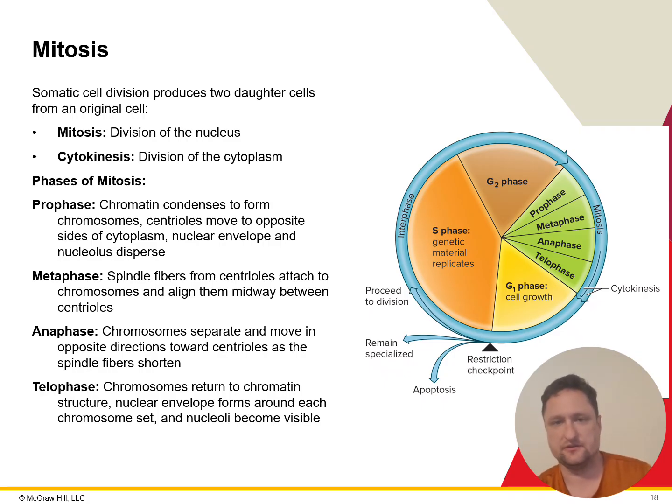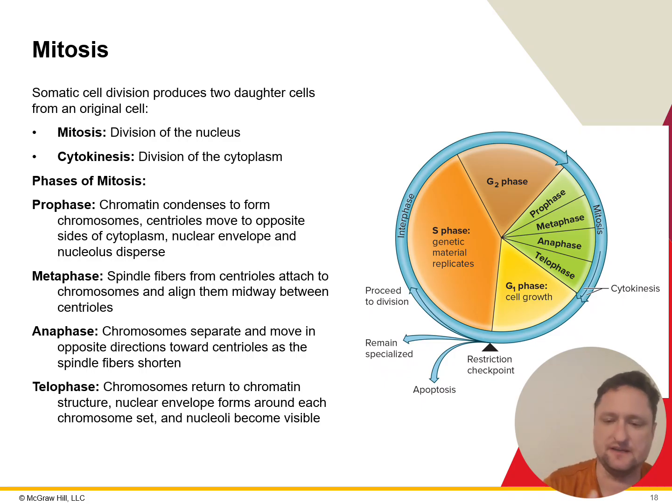In prophase, chromatin condenses into visible chromosomes, and the nuclear envelope begins to break down. During metaphase, the chromosomes align at the cell's equator, attached to spindle fibers extending from the centrioles.